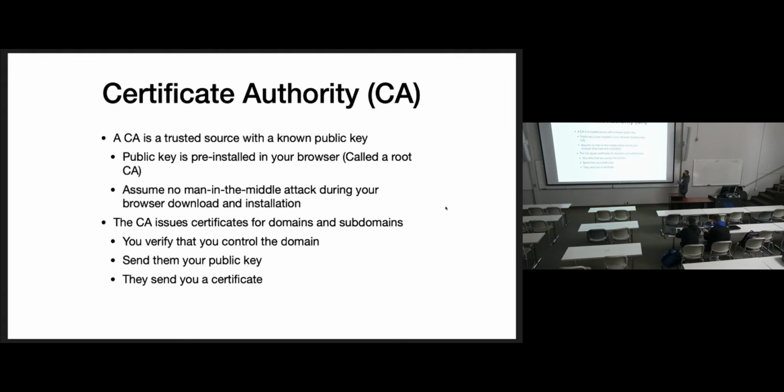So the certificate authority is going to be a trusted, known source of encryption, and we're going to assume that we have the correct public key for these sources. So we're going to assume that the public key we have for each, what we'll end up calling a root CA, is a valid public key that has been securely communicated to us.